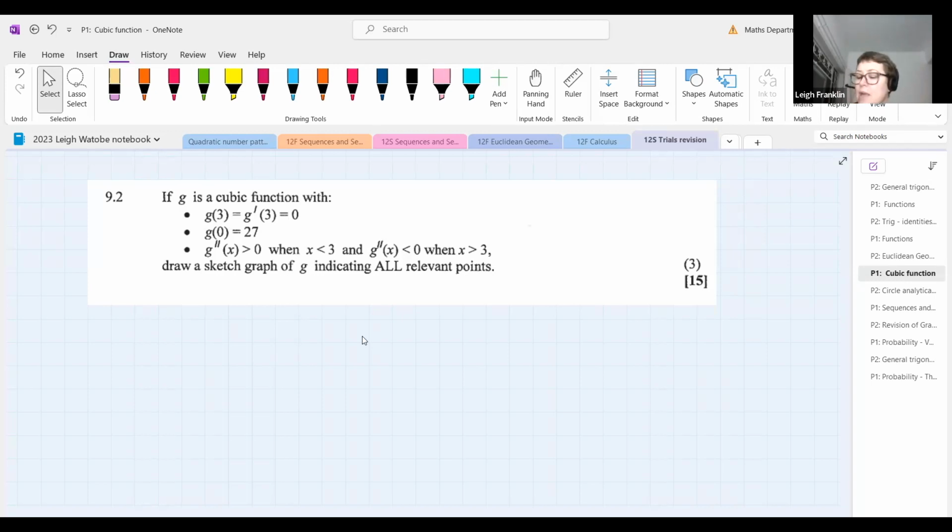What does that mean? So g of 3 equals g prime of 3 equals 0. What does that mean?